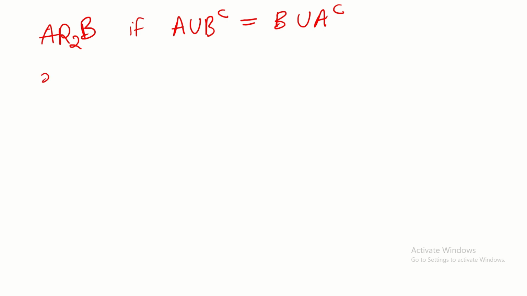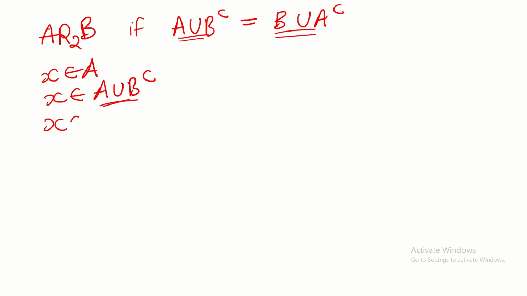So for this, let's say X belongs to A. Now if X belongs to A, then X belongs to A ∪ B complement, because a union takes all the elements from both the sets. So this union must also contain the element X. But A ∪ B complement is equal to B ∪ A complement. This gives that X belongs to B ∪ A complement.